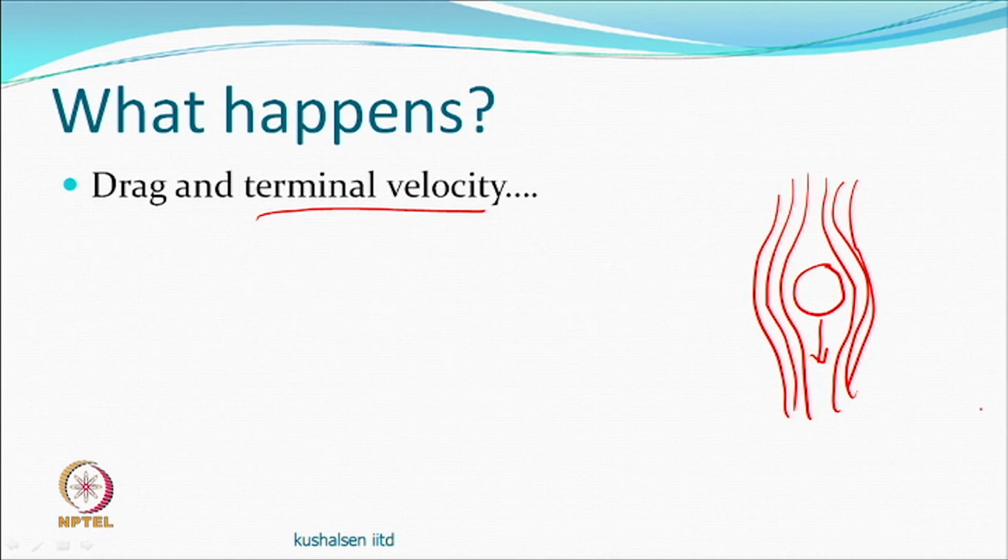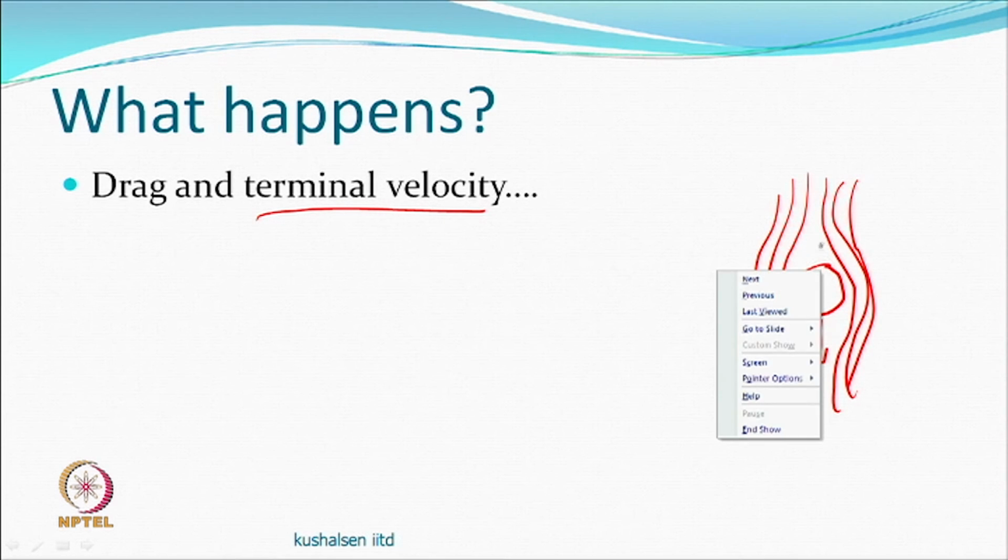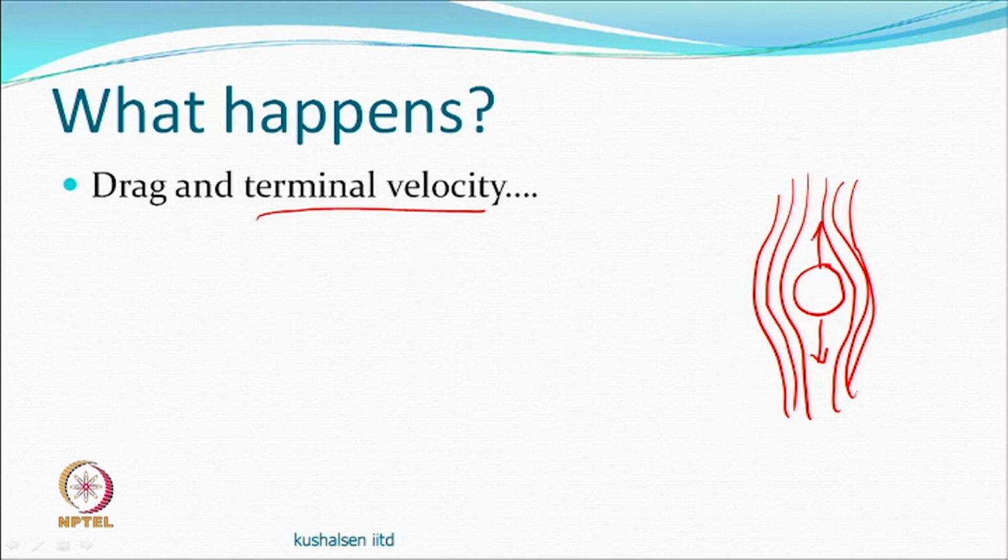So, gravity is going to pull it down, but there is a drag force because of viscosity, and buoyancy, which in some sense keep it up, and this will depend on, of course, the mass. Well, in fact, the volume and density, they are going to be related.